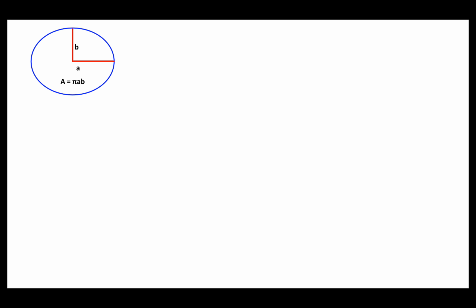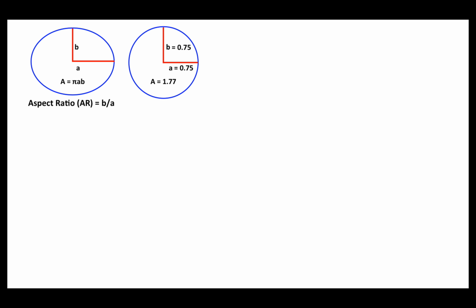This would be a typical ellipse with dimensions A and B. The area is pi AB, and the aspect ratio, abbreviated AR, is B divided by A. In the special case of a circle, let's say this is a round spoke with dimensions 0.75 millimeters. So A and B are equal. The area is 1.77 square millimeters and the aspect ratio is 1.